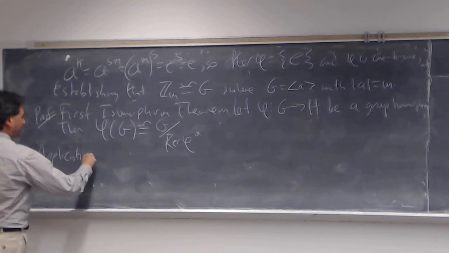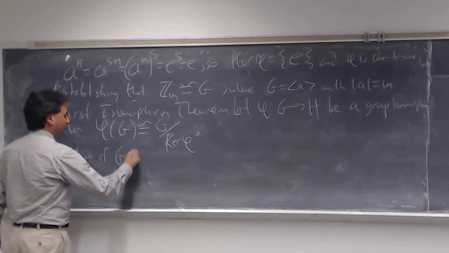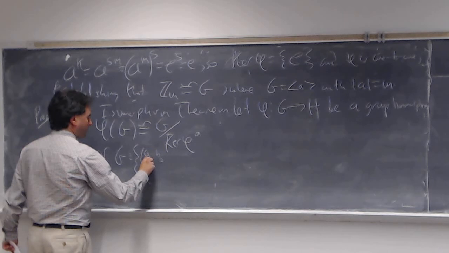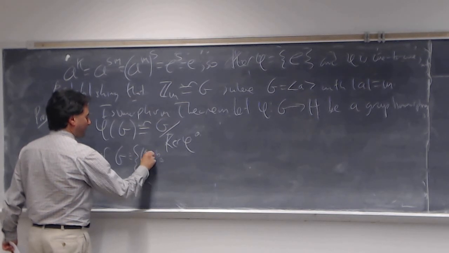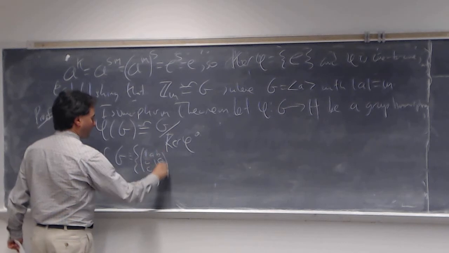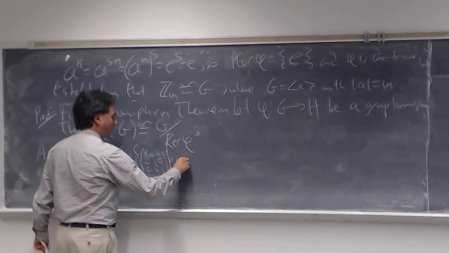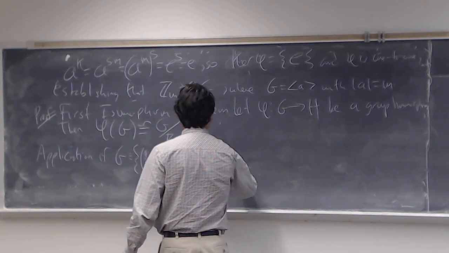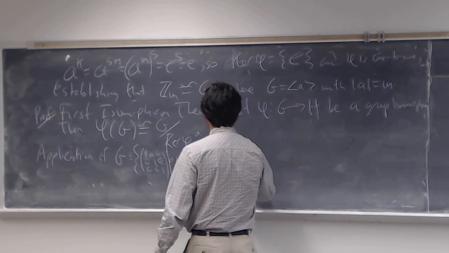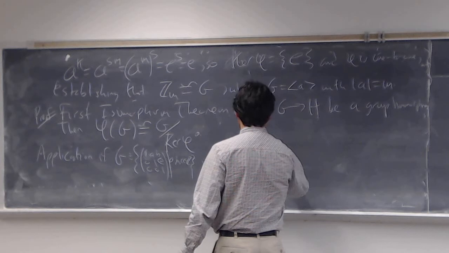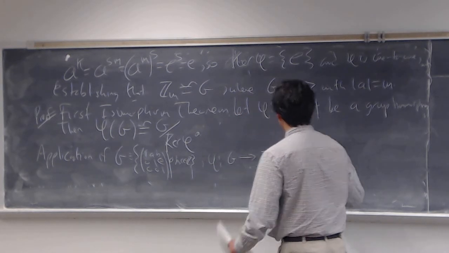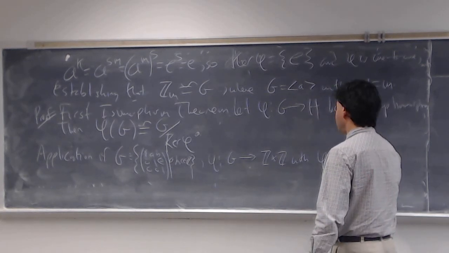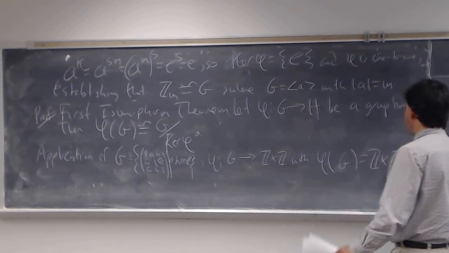Call in the notes that if G is the Heisenberg group, we already constructed a phi from G to Z2 cross Z2, which was onto, so phi of G was equal to Z2 cross Z2.